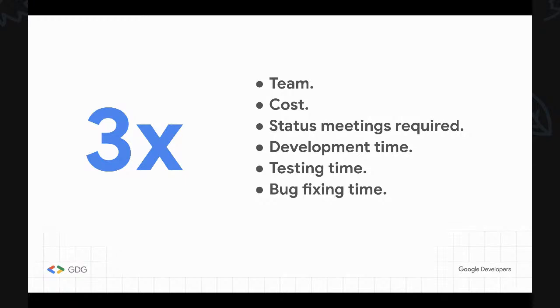We need to do the same things for each platform, for Android, iOS, and even for web, three times. So we triple the development time, the testing time, the bug fixing, and so on. Even the teams: we will hire three teams, one for Android, one for iOS, and another one for the web.